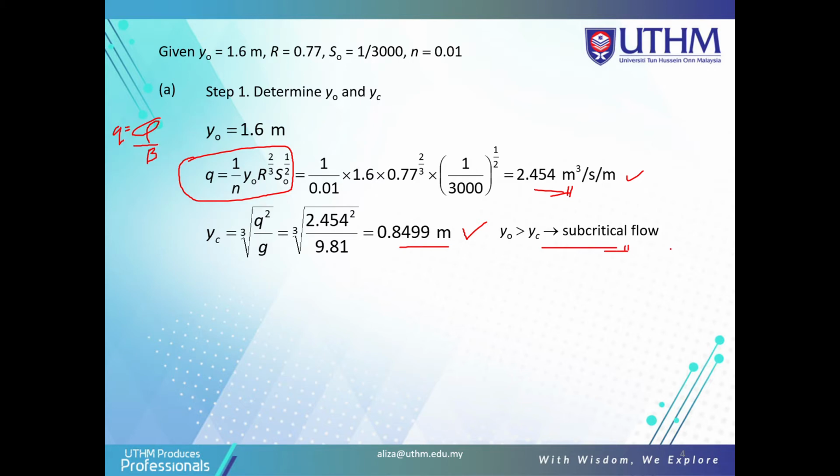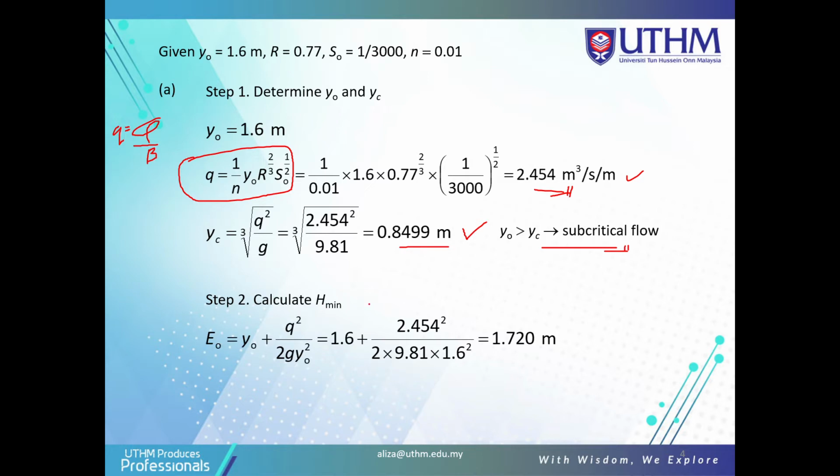So they have the step by step. Step 1, and then step 2, calculate H minimum based on the specific energy formula. You just put the value here until you get the value of E naught as 1.720 meter. And we know that E minimum is 3 divided by 2 times the yc formula here.